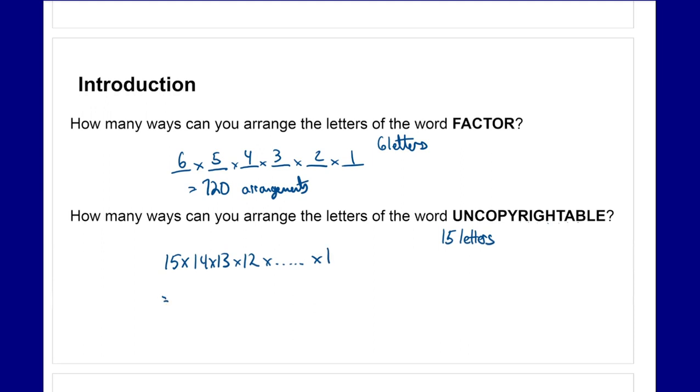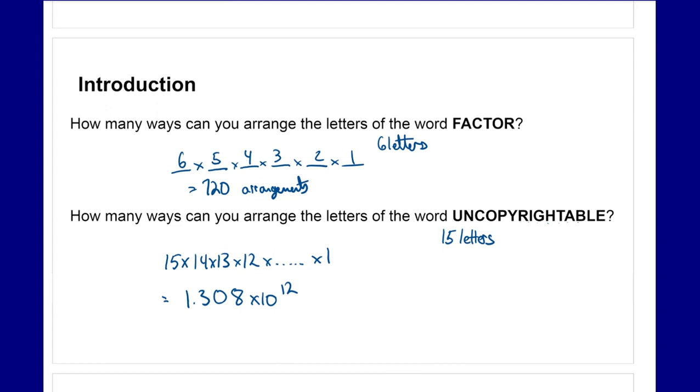We can enter this into our calculator as well, and we would get 1.308 times 10 to the power of 12. So quite a large number of ways that we can arrange these 15 letters.